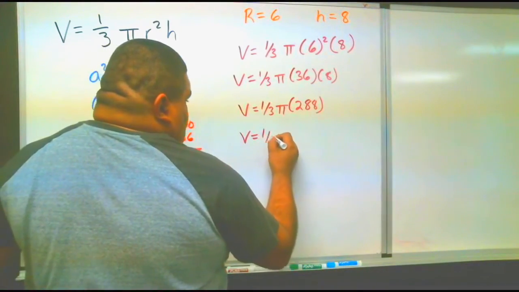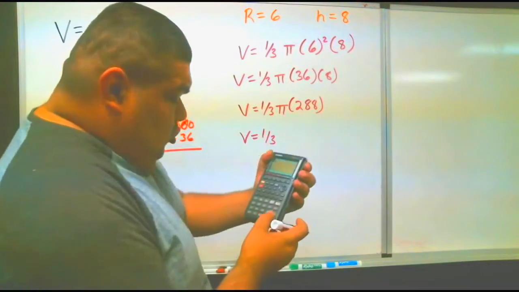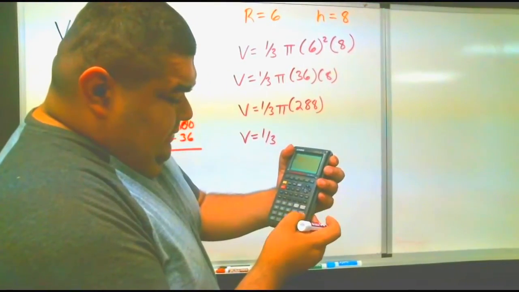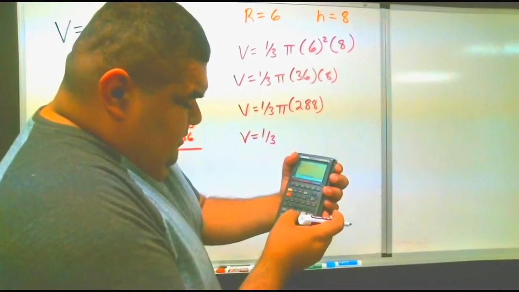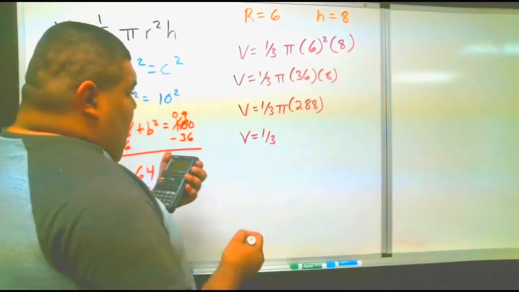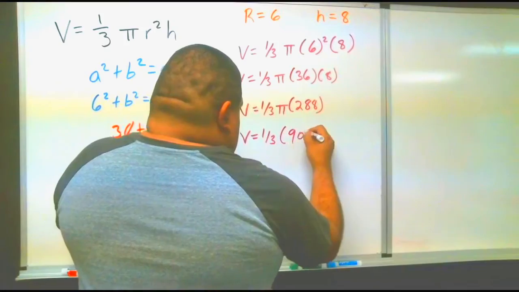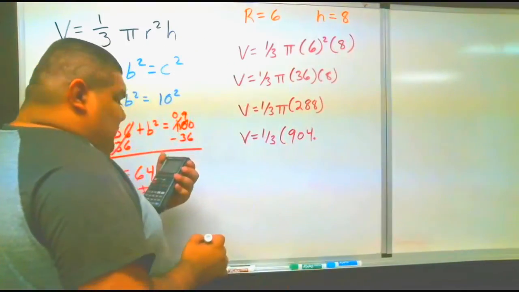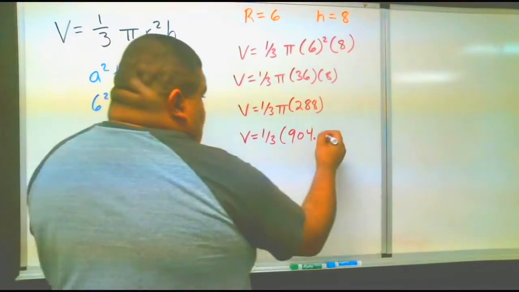Now we multiply by pi. V equals 1/3 times 288 times pi, which is 904.77, so 904.8.